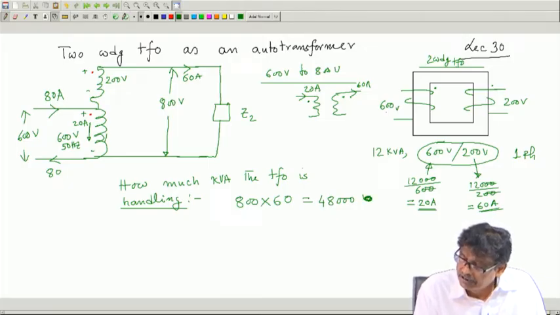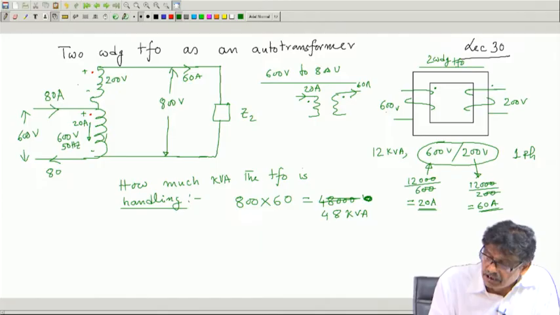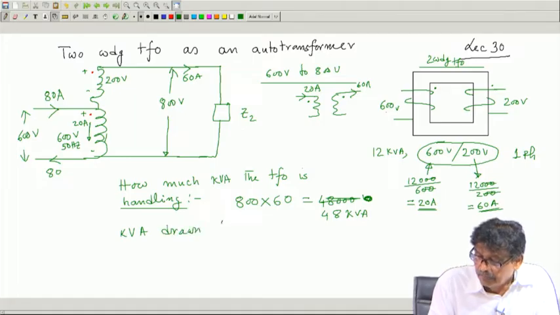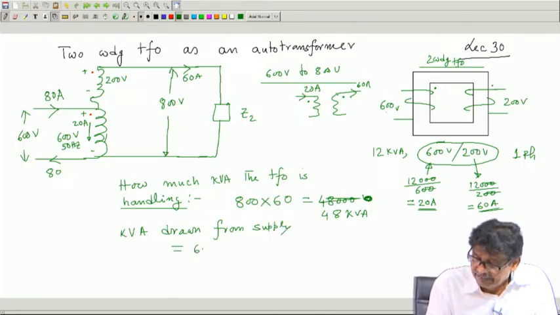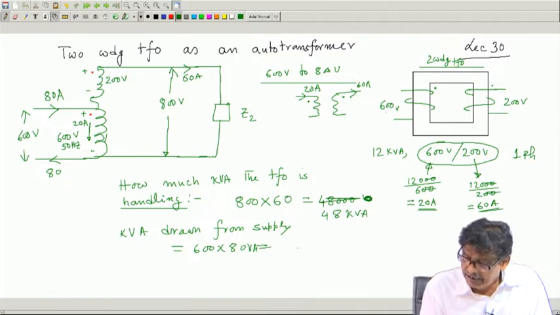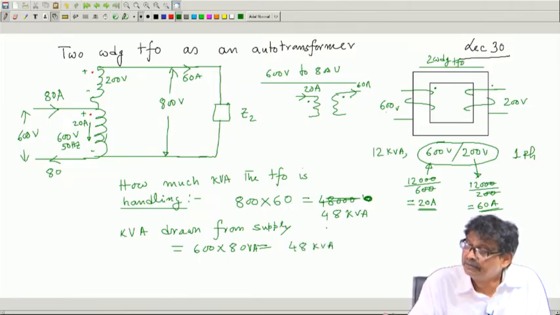So, 48 kilovolt ampere, 48 kVA, and how much kVA it is drawing from supply, kVA drawn from supply is 600 into 80, that is also volt ampere and this is same as 48 kVA. Ideal 2 winding transformer.